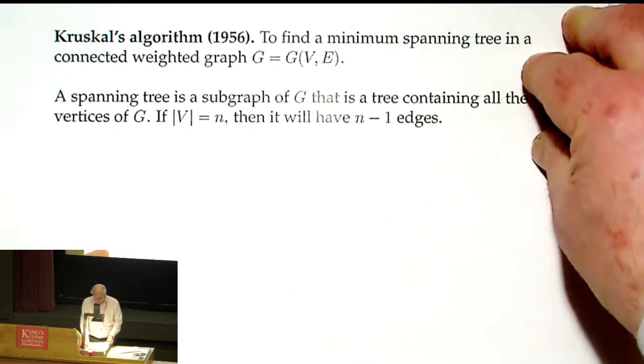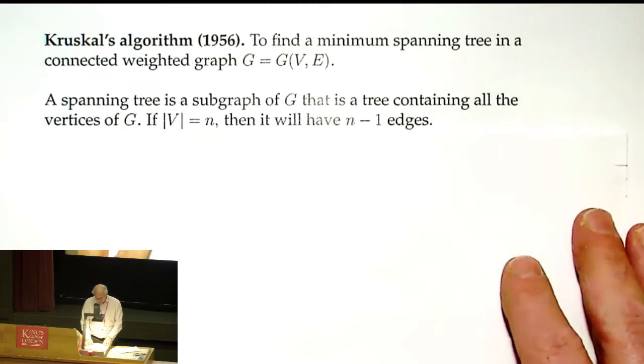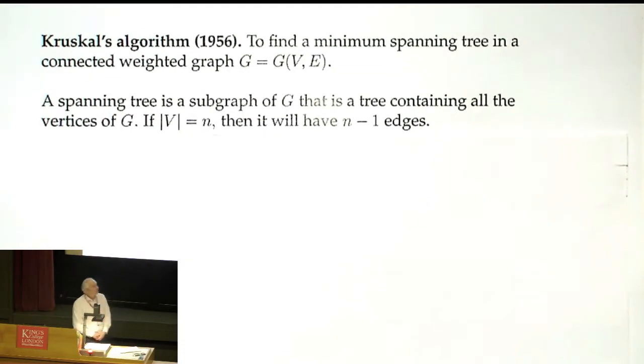And let me just remind you of the definitions. First of all, a spanning tree simply means that we're looking at a collection of edges inside the graph that allows us to connect all the vertices without cycles.